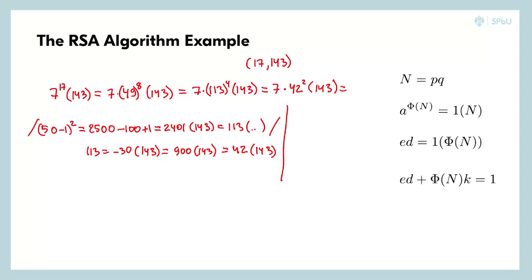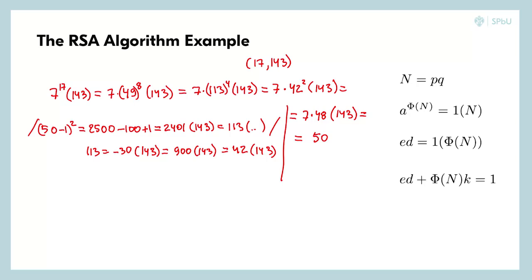Now 42 squared, and if you square 42 and take the modulo, you can do it yourself. You will have 7 multiplied by 49, and again everything is modulo 143, and all this equals to 50.